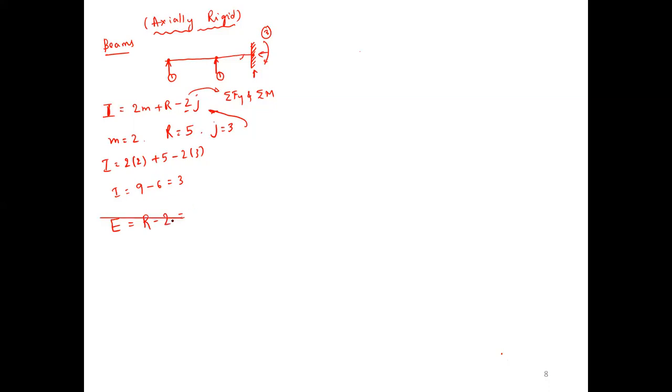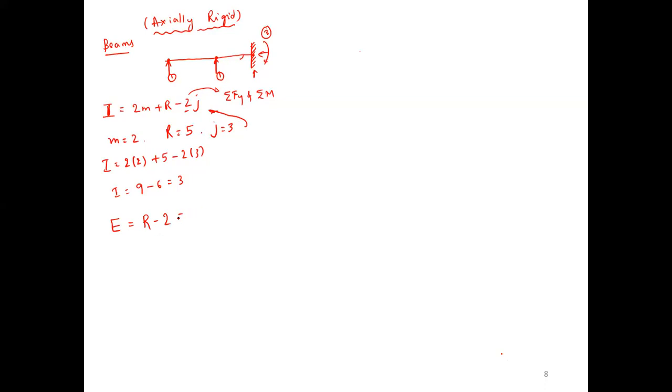What is R? 5, so 5 minus 2, therefore 3. What is internal indeterminacy? Total I minus external. Total I is 3. 3 minus 3 is 0.